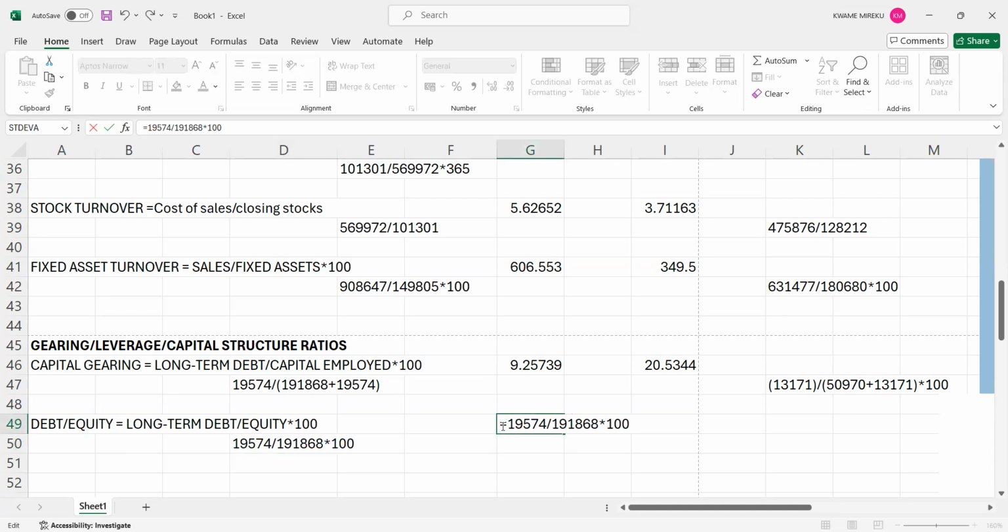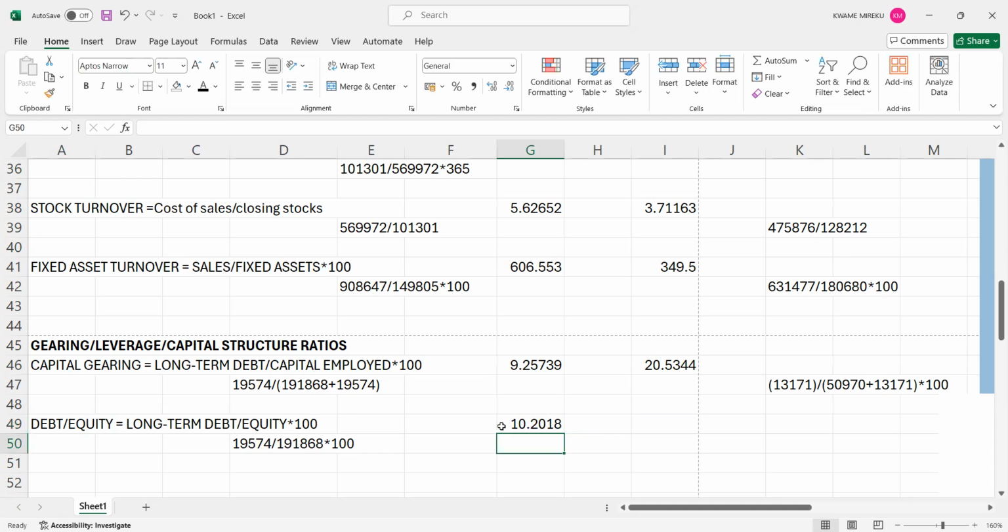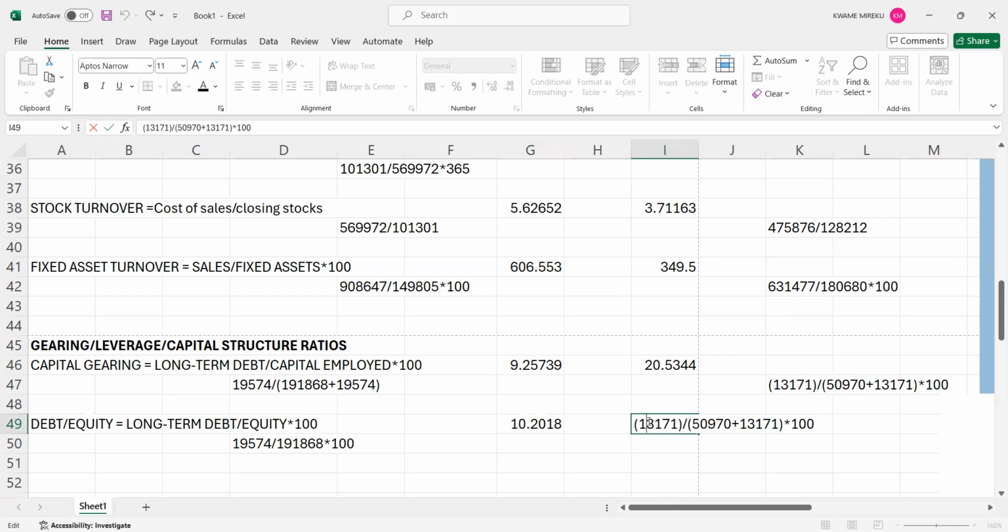But the results will not be that different from earlier on. So here too is the long-term debt, and this is the capital employed. So we take away the long-term debt from the equation in the capital employed. So now it's debt over equity.